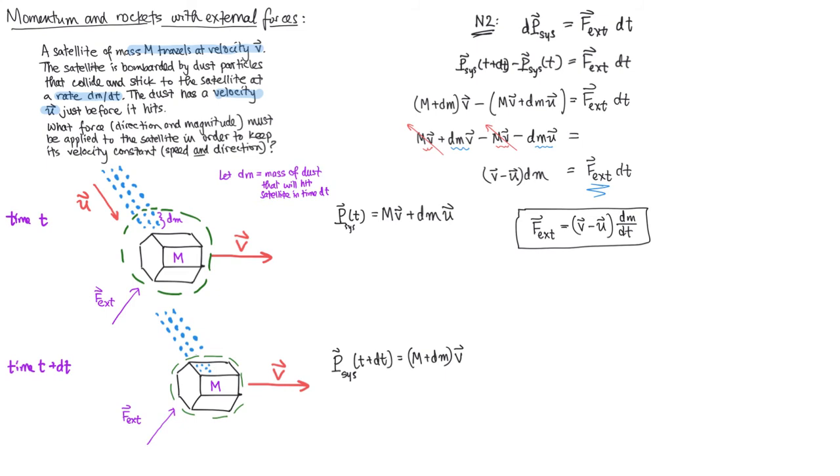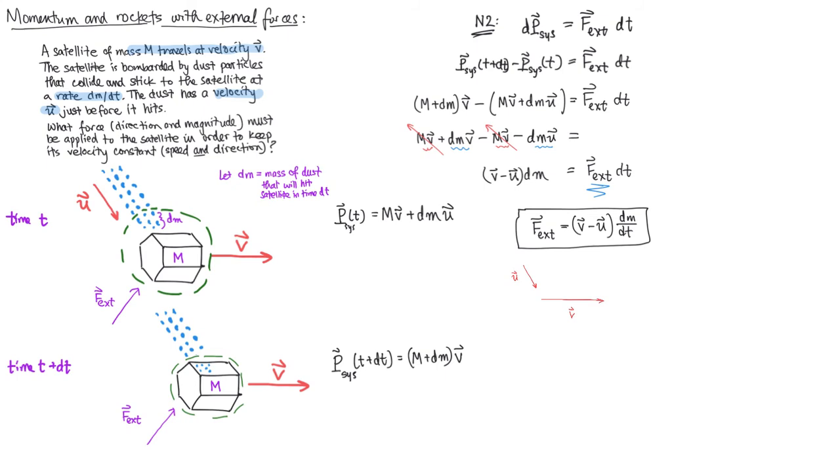Now let's start with v and u as we drew it in the diagram at top left. We had v pointing to the right, like that, and we had u coming down and to the right, like that. Well, v minus u is v plus negative u.